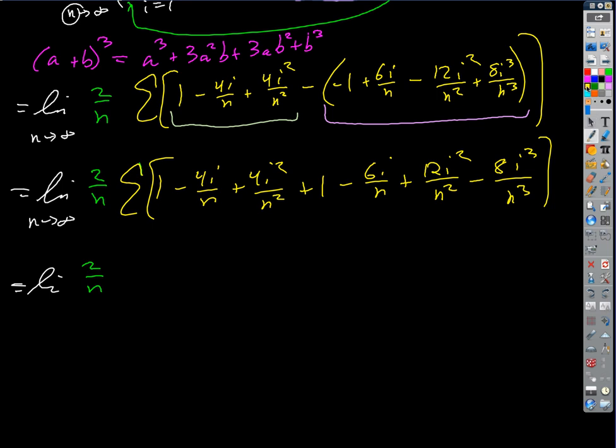So we got the limit of 2 over n times the sum of, what about all the non-i terms? We get 2, just 2, I guess, right? So those guys are gone. What about the i terms? I've got this one and this one. So I get minus 10i over n.